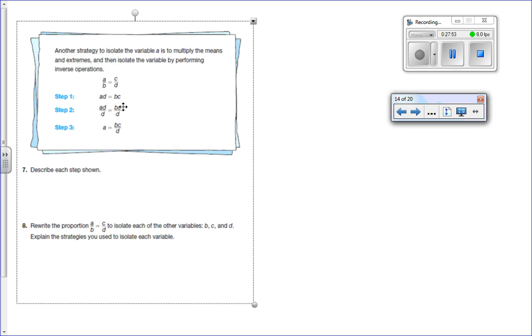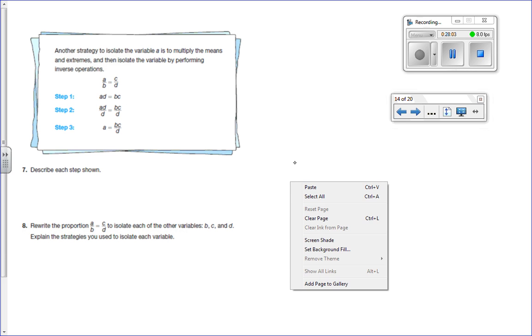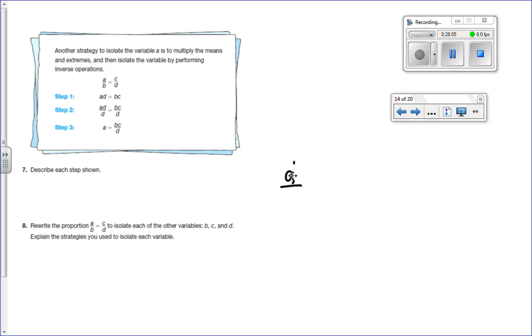Rewrite the proportion A over B equals C over D to isolate each of the other variables B, C, and D. Explain the strategies you use to isolate each variable. Well, if we're given A over B equals C over D, and instead of isolating A we wanted to isolate B, we're going to start out with the same strategy for both: AD equals BC.